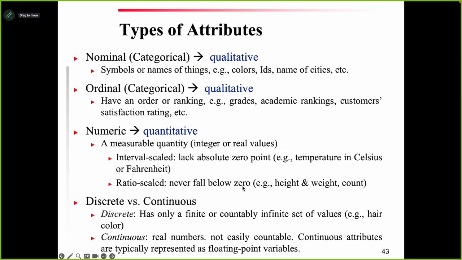And when the duration is 0, it simply means no duration, so 0 has a real meaning. More importantly, 10 minutes in terms of duration is exactly twice as much as 5 minutes. So it's ratio scale.